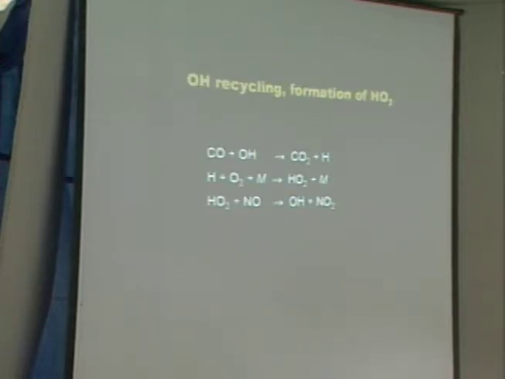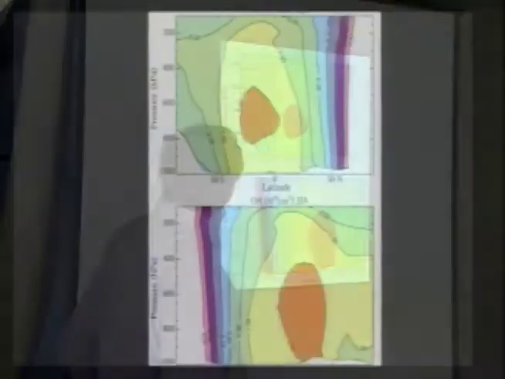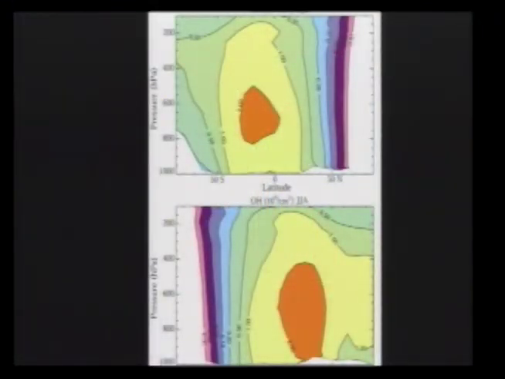So it's more complicated past this. This is a distribution of OH in the zonal mean, and you can see that the largest concentrations are in the tropics, and the tropics is really the region where photochemistry is important and where compounds like methane, for example, will be most efficiently destroyed.